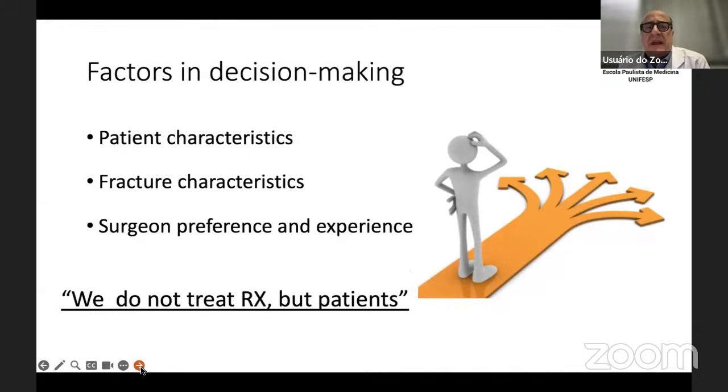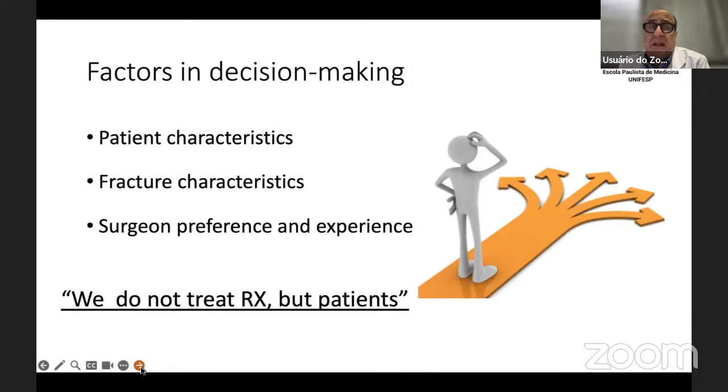So what are the factors involved in the decision-making process? We have to see all the patient characteristics, the activities of daily living, the independence of living, the morbidities, all the diseases that the patient has, and the fracture characteristics.